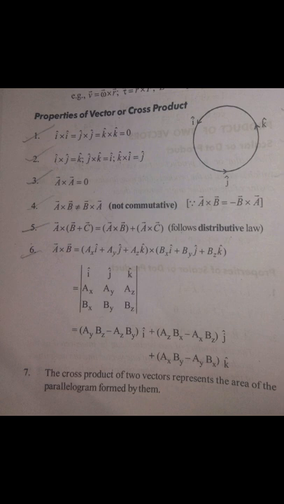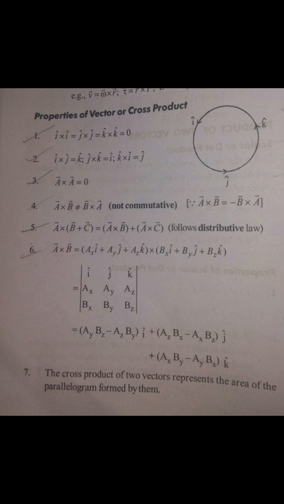Fourth, vector A cross vector B is not equal to vector B cross vector A, not commutative. Vector A cross vector B equals minus vector B cross vector A. Fifth, vector A cross (vector B plus C) equals vector A cross B plus vector A cross C.